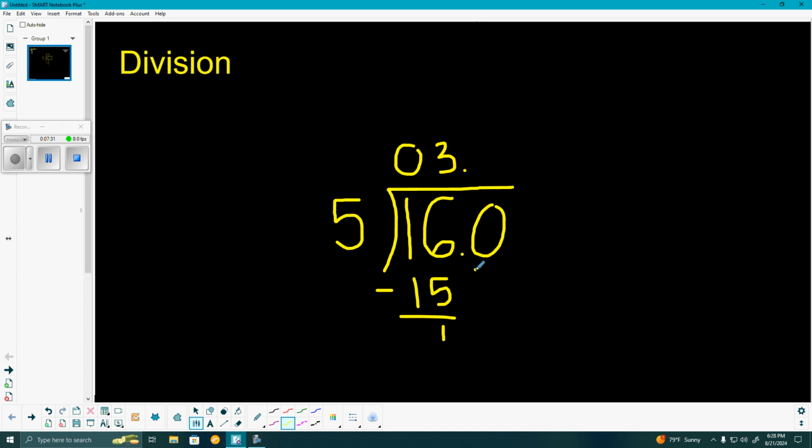Add a decimal place to your quotient. Bring down that 0 and turn this 1 into a 10. 5 can go into 10 2 times because 5 times 2 is 10. 10 minus 10 is 0, and therefore your answer to 16 divided by 5 is 3.2.